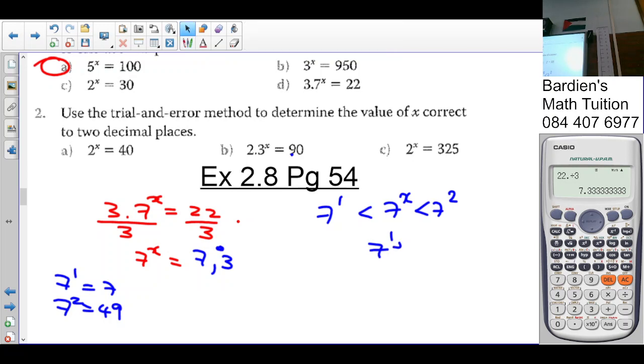So that would be 7 to the exponent 1.5. What is the number we're looking at? 7.3 recurring. So that's way over. Not so. So let's go with 1.1.